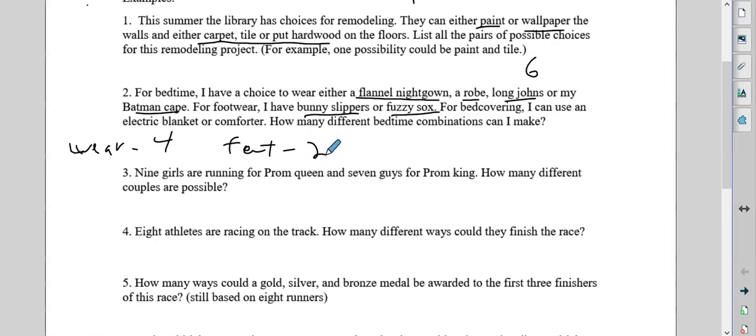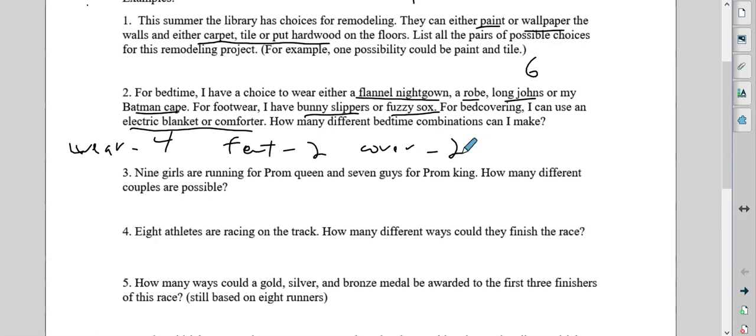And my bed covering. I can use an electric blanket or a comforter. So for my cover, I have 2 choices. So what are the different combinations? I could wear a flannel nightgown with bunny slippers and an electric blanket. Or I could wear my nightgown with fuzzy socks and the comforter. That's one possibility.